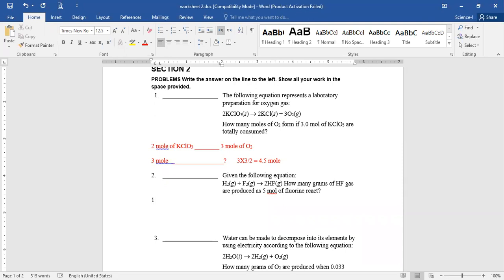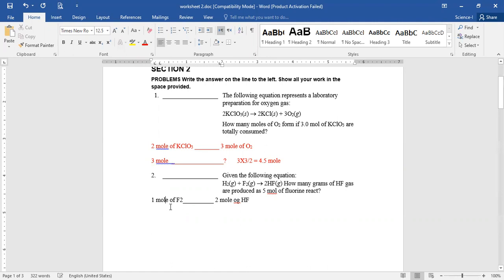So 1 mole of fluorine is going to produce how many moles of hydrogen fluoride? It will be 1 mole here and 2 moles here. So that produces 2 moles of hydrogen fluoride.